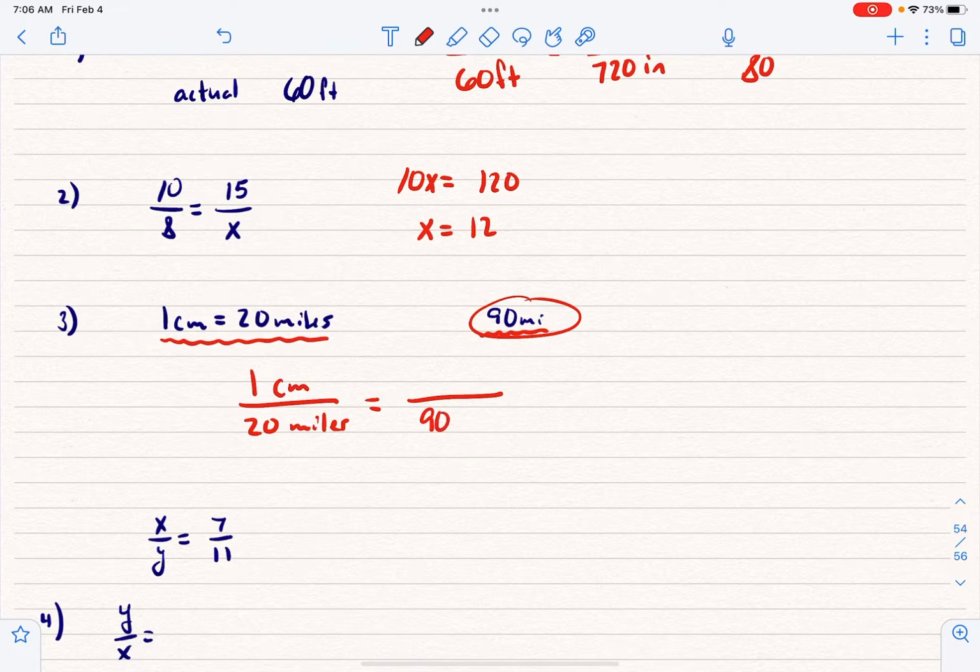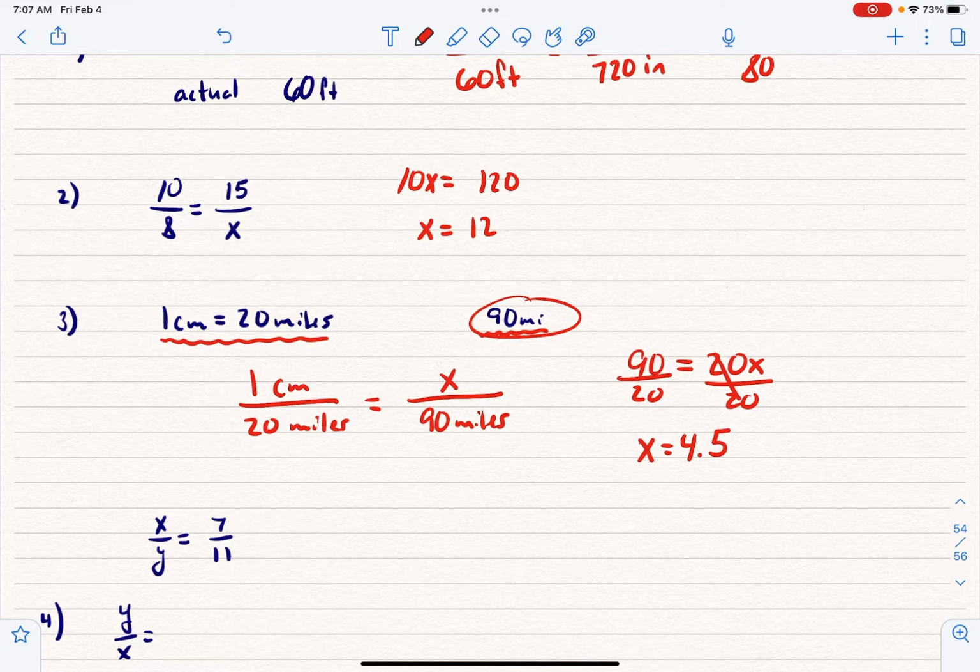So this goes on the bottom, 90 miles. I don't know the number of centimeters. Cross multiply, and you get that 90 times 1, which is just 90, is equal to 20 times x. Divide both sides by 20, and x has to be 4.5. In this case, it would be 4.5 centimeters. So a 90-mile county would be 4.5 centimeters on the map.